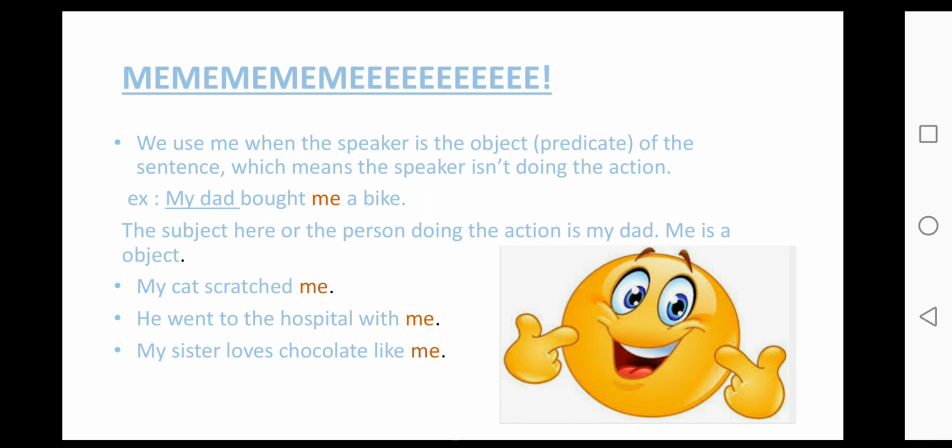The cat. The cat scratched me. So I received the action, or I was affected by the action, right? My cat scratched me.